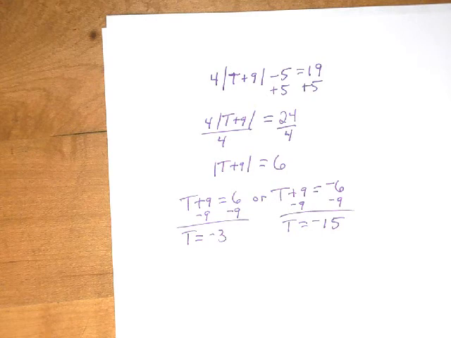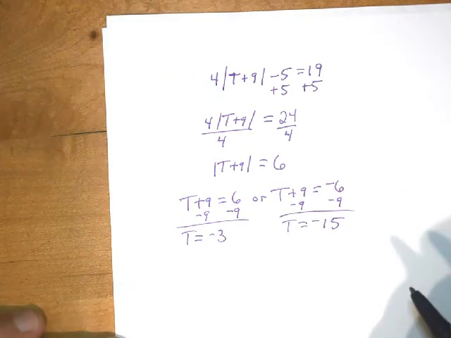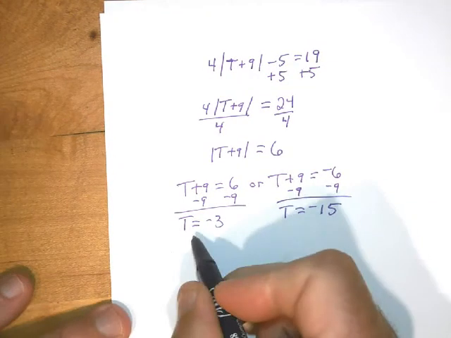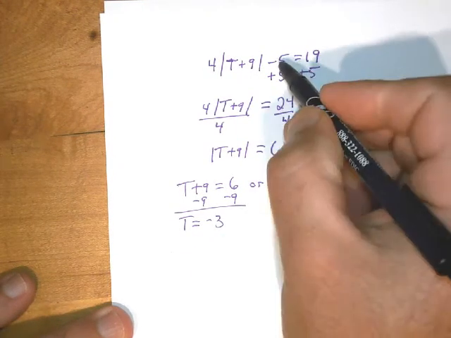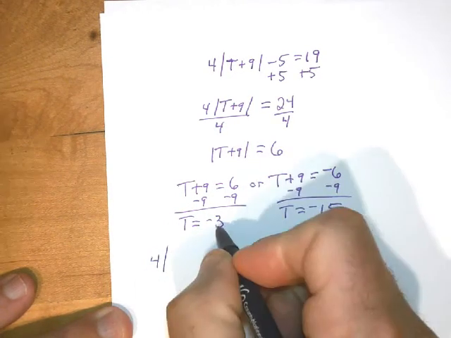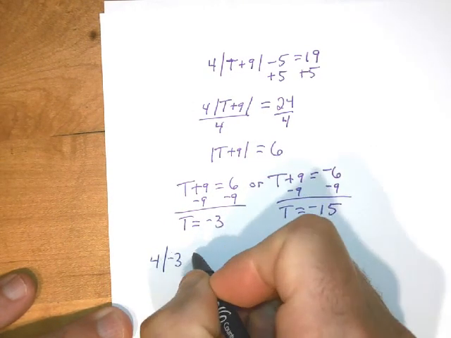Again, we want to make sure that both of these are correct answers. In algebra, you can check your answers most times, if not all times. So we want to throw these back into the original equations. So again, back up here into this one.